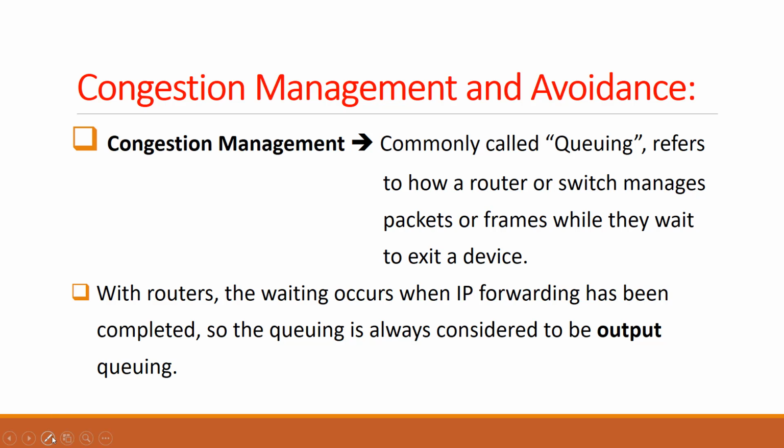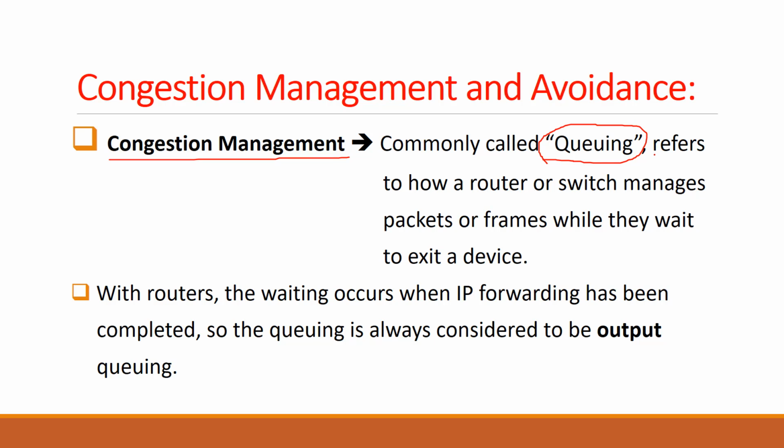Let me bring the highlighter here first, or the pen. So what is congestion management as a definition? Actually, usually we call it queuing. So when you find the word queuing, it means congestion management.